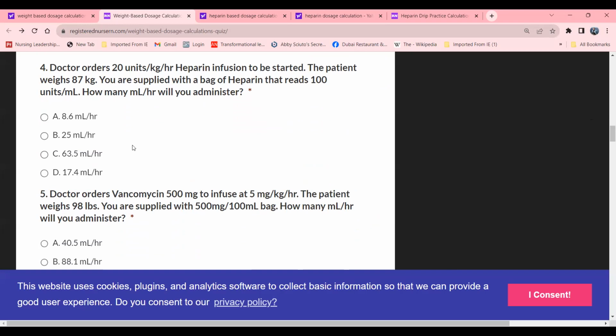This is going to be done the same way. If you just look at what you have in the problem, that tells you that this is going to be set up the same way. Okay. So what do you have on hand? 100 units per mL.